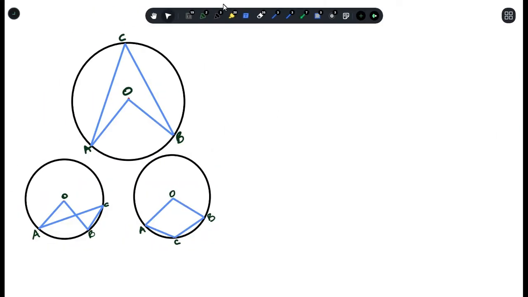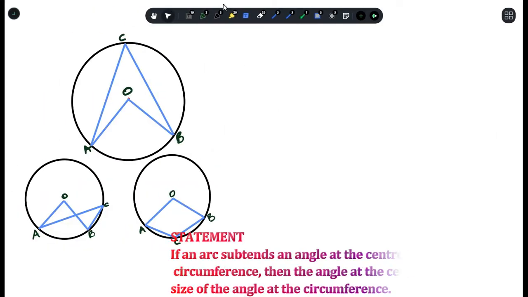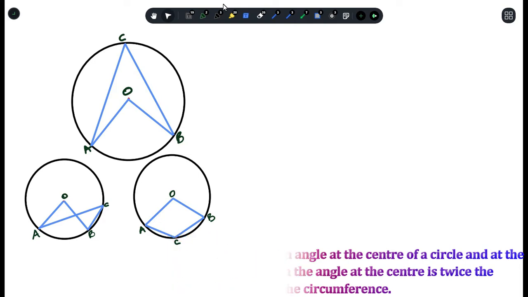So now we'll be proving the statement that if an arc is subtended by an angle at the center of the circle and at the circumference, then the angle at the center is twice the size of the angle at the circumference.